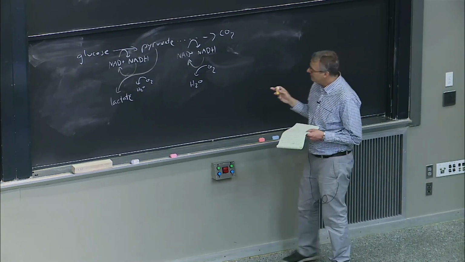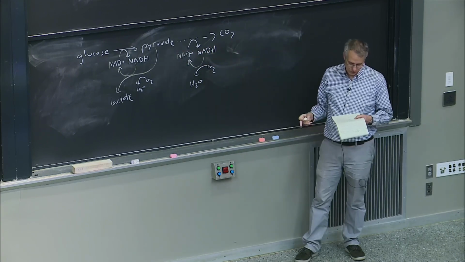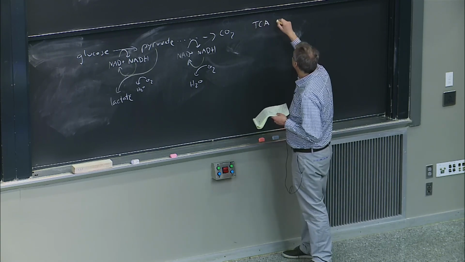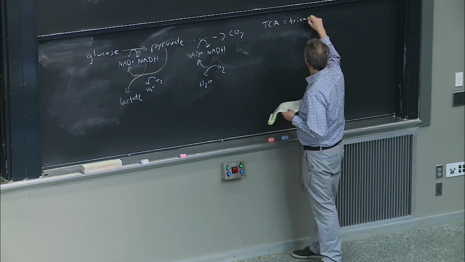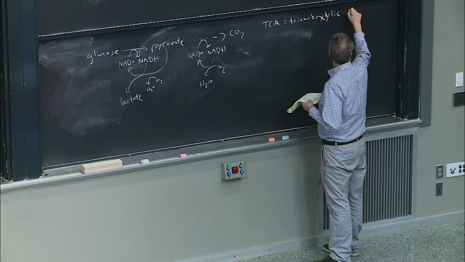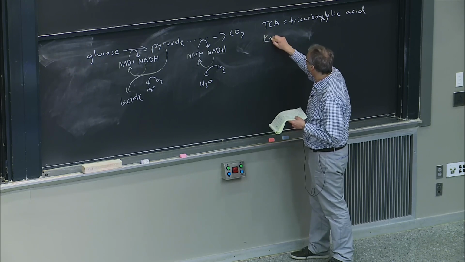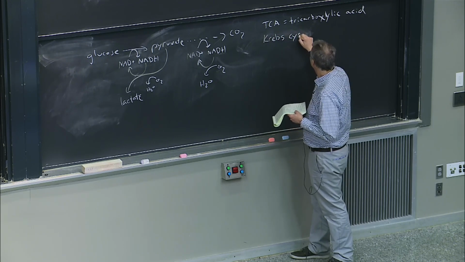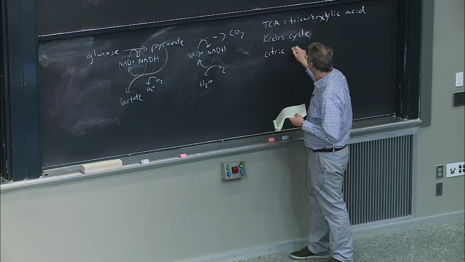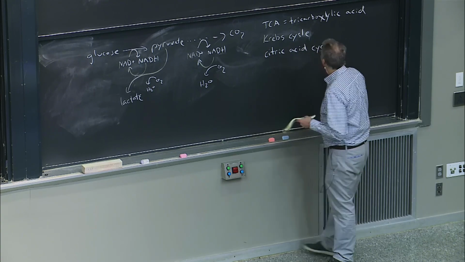Now, ultimately, the series of reactions that allow chemical conversion of pyruvate to CO2 is called the TCA cycle, for tricarboxylic acid cycle, or sometimes referred to as the Krebs cycle, and also is referred to as the citric acid cycle.